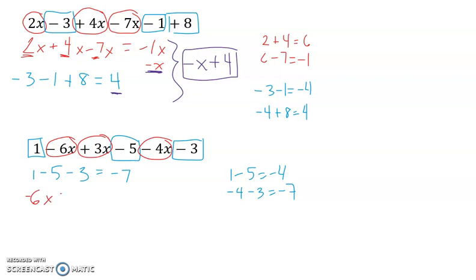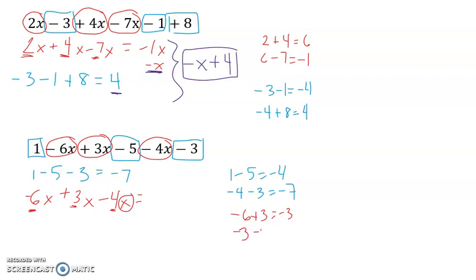So I have negative 6x plus 3x minus 4x. I need to know how many x's I have. Remember, you add the coefficients and keep the variable. So I have negative 6 plus 3 gets me to negative 3.